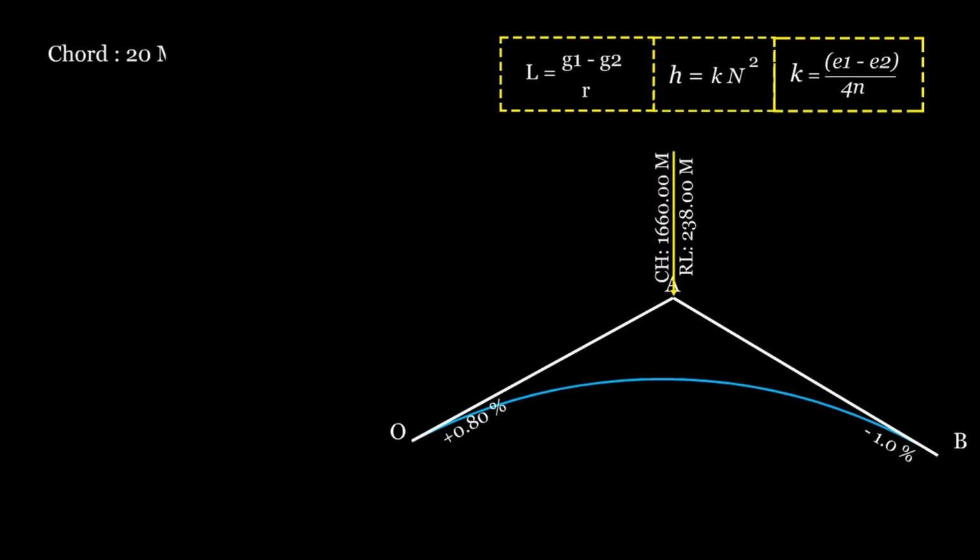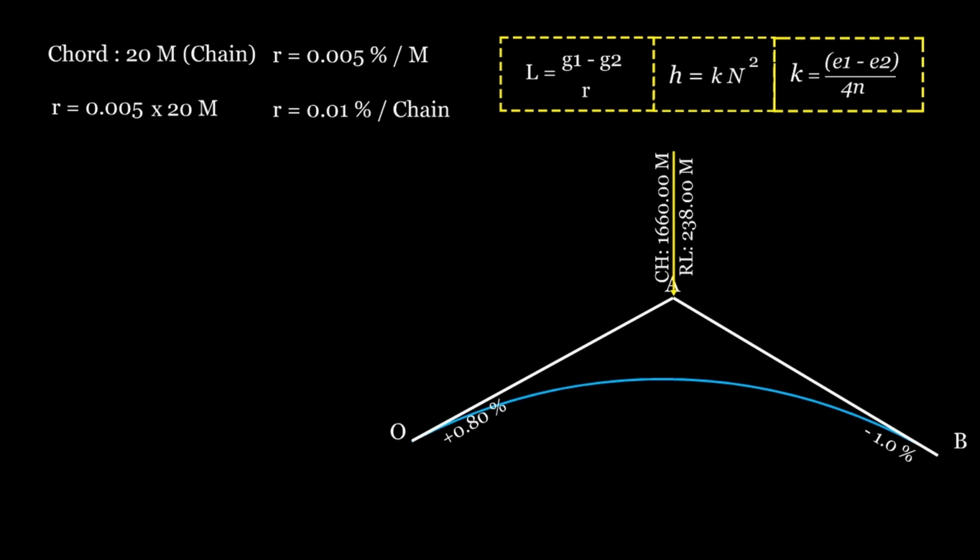The pegs will be fixed at uniform chord intervals of 20 meters chainage. The rate of change of grade is 0.005%. This means the rate of change of grade for a 20-meter chain is 0.005 multiplied by 20 meters, which equals 0.1% per chain.